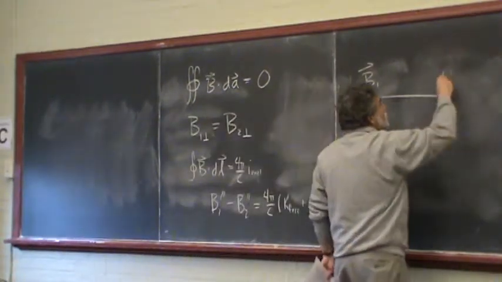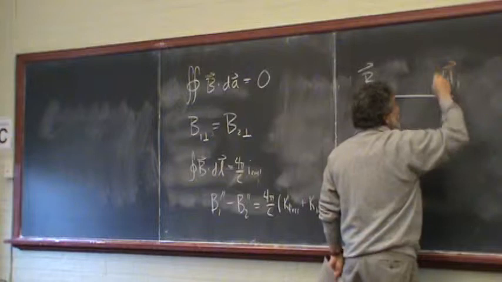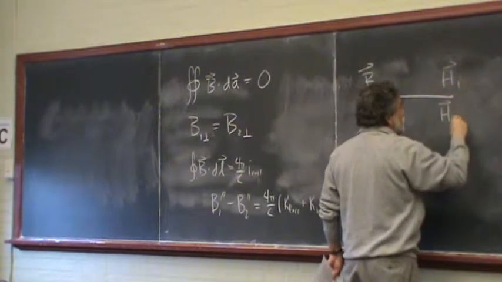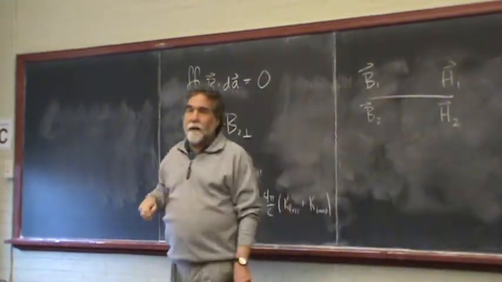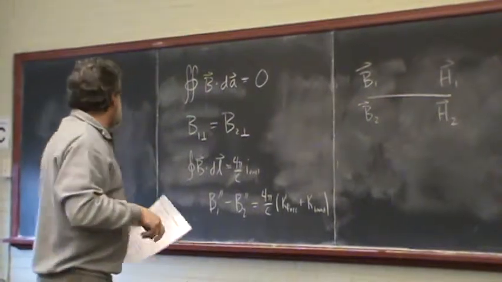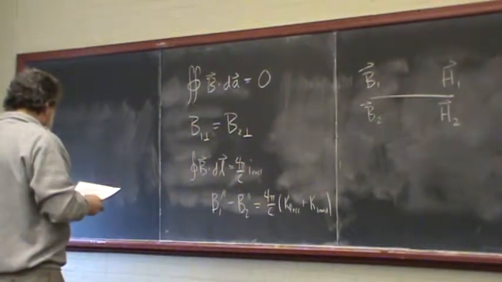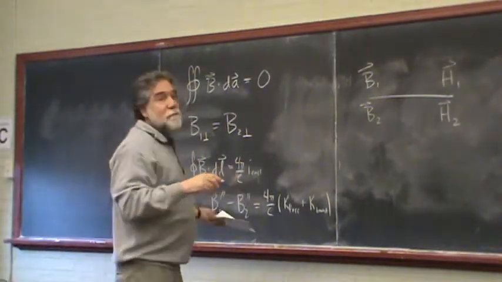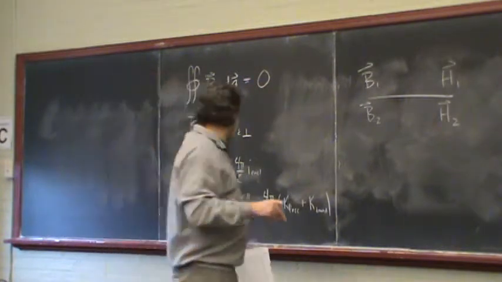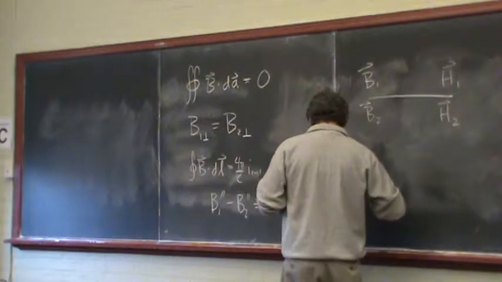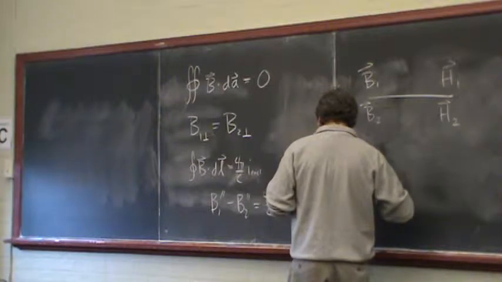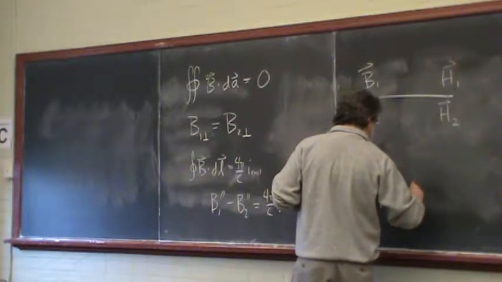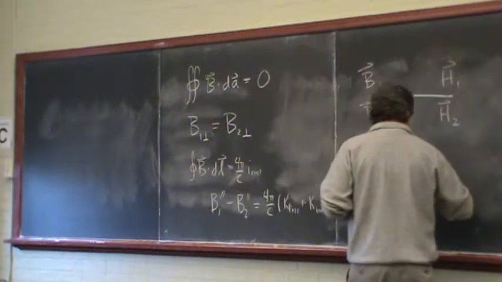I also have for these two materials an H field and an H field, right? And the simplified boundary condition that we'll frequently use because it makes things easier is that H1 parallel to the interface minus H2 parallel to the interface.